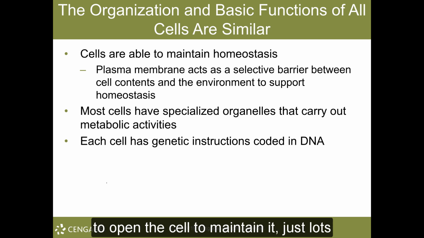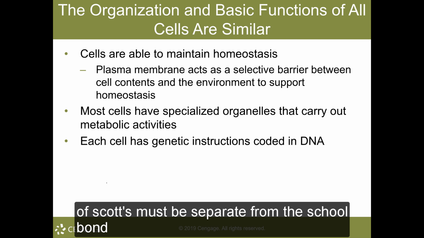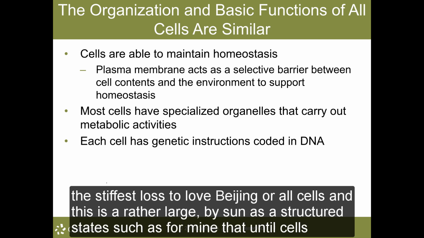So for the cell to maintain its internal composition, class, those contents must be separated from the external environment. This gets us, class, to one of the major portions of all cells, and this is known as the plasma membrane. It is a structurally distinct surface membrane that surrounds all cells.